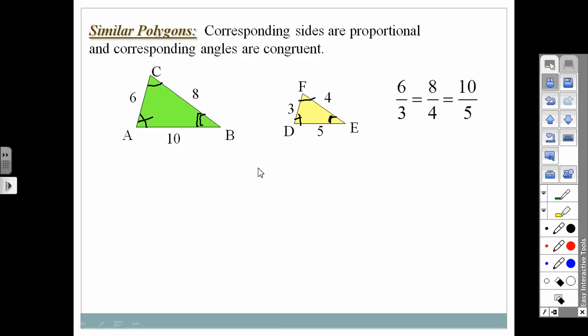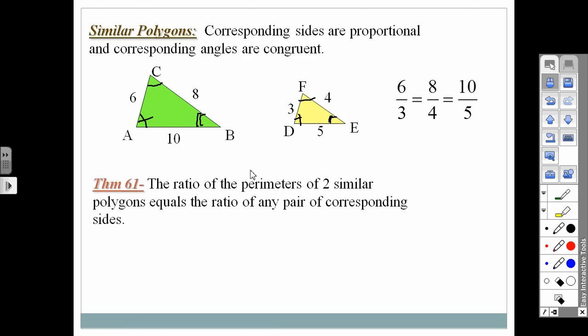Okay, so Theorem 61 says that the ratio of the perimeters of two similar polygons is going to equal the ratio of any pair of corresponding sides. And let me tell you, if you can remember this theorem, this will save you a bunch of calculations and a lot of time in the future.